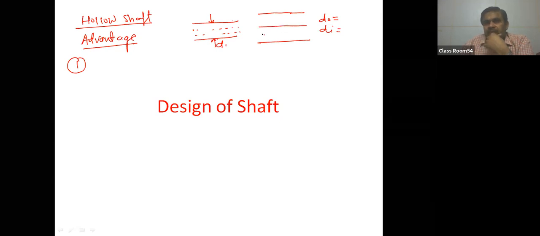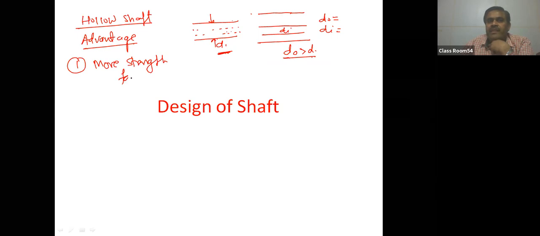Naturally DO will be greater than D, where D is the diameter of the solid shaft, because some material from inside is removed and placed at the outer periphery. That's why the outer diameter increases. So when the outer diameter increases, the hollow shaft will have more strength compared to the solid shaft for the same weight.